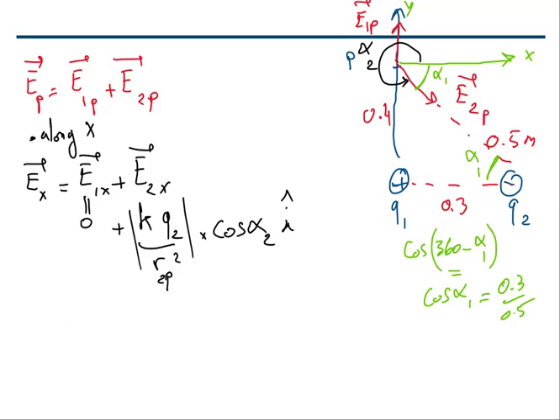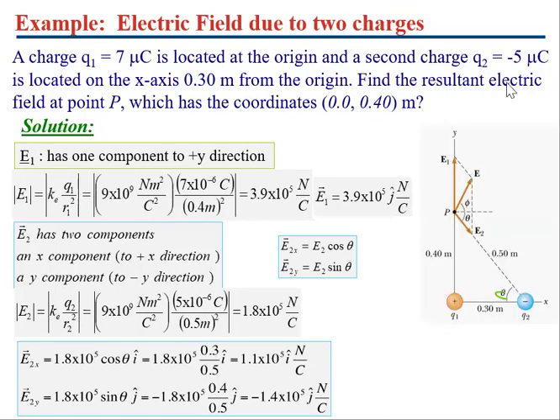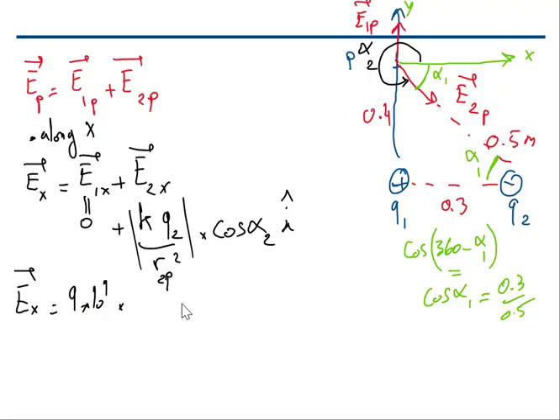Now we will just substitute the numbers. So EX will be K, 9 times 10 power 9, times Q2. Q2 is minus 5 microcoulomb, so 5 times 10 power negative 6, in absolute value, divided by the distance squared.